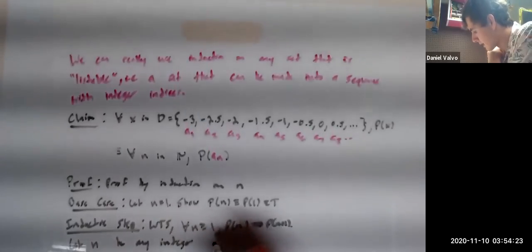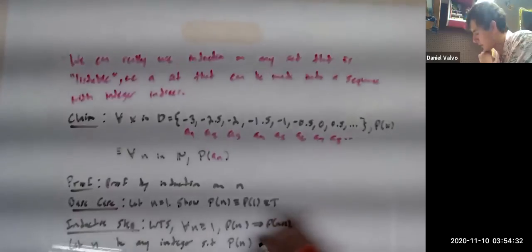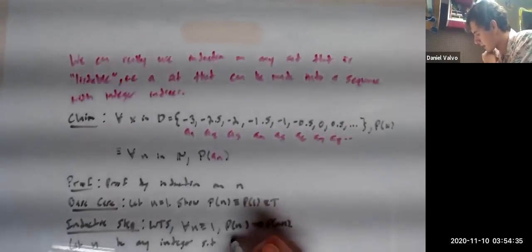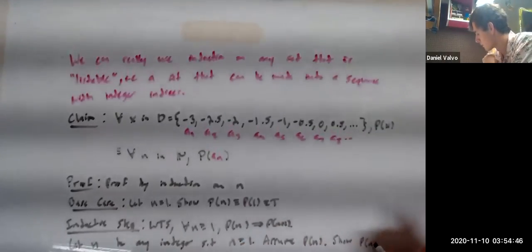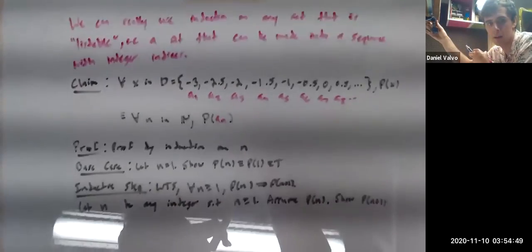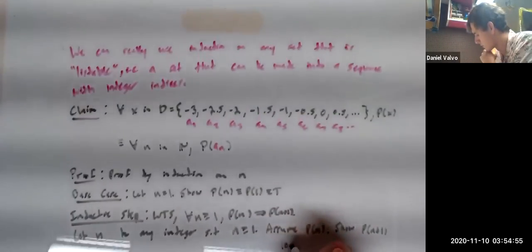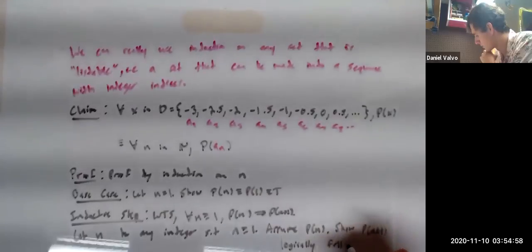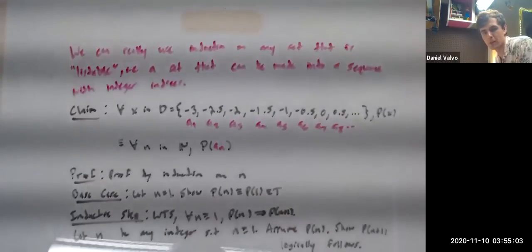Let N be an integer such that N is greater than or equal to 1. Assume P of N. We want to show P of N plus 1 logically follows.